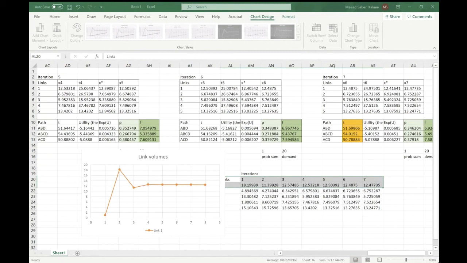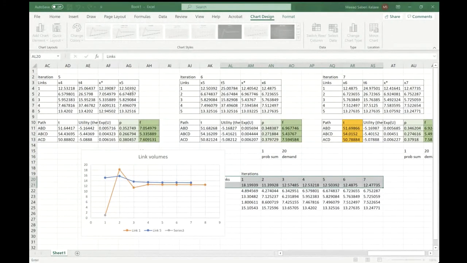You can see link 1's flow is actually pretty stabilized, right? So let's have a look at link maybe 5 as well. Same thing with link 5. Link 5 is also stabilizing.